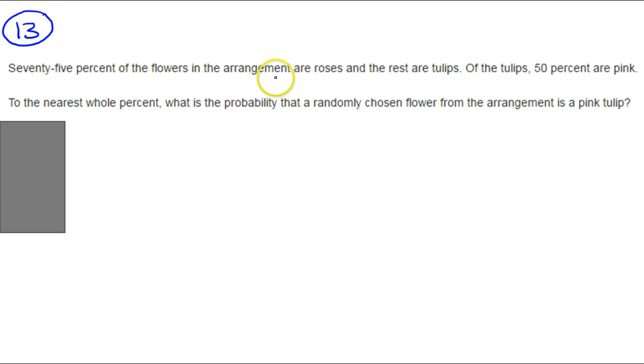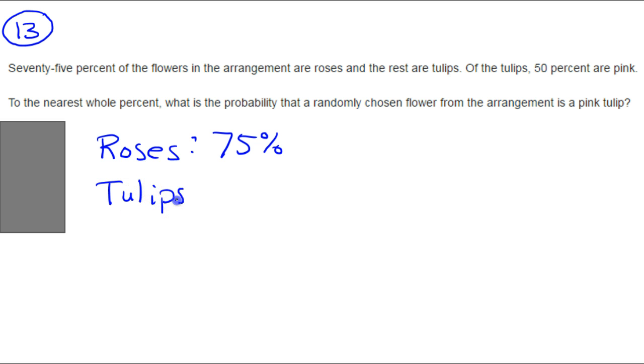"75% of the flowers in the arrangement are roses." Okay, so roses, 75%. And the rest are tulips, so that means tulips, 25%.